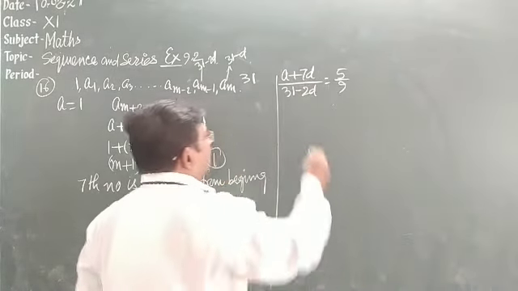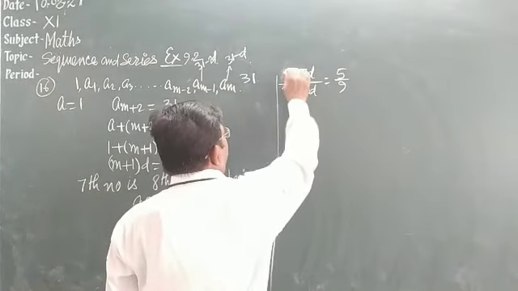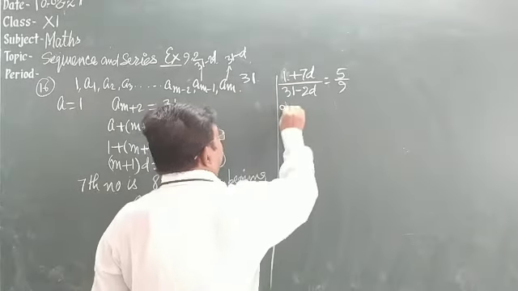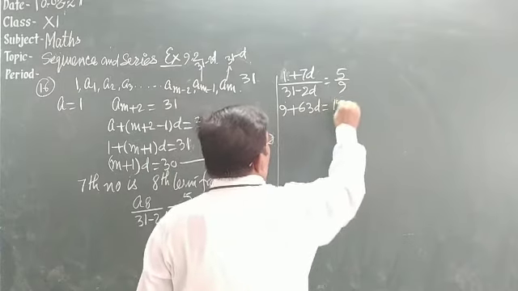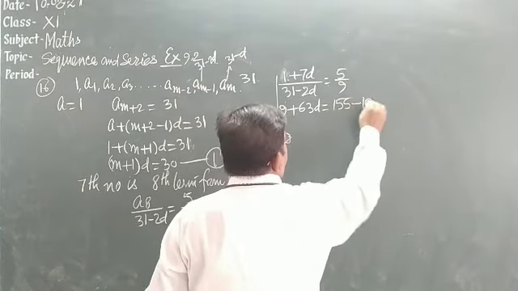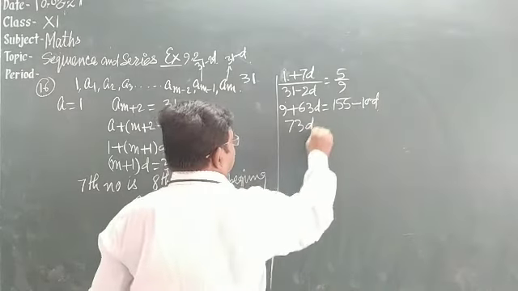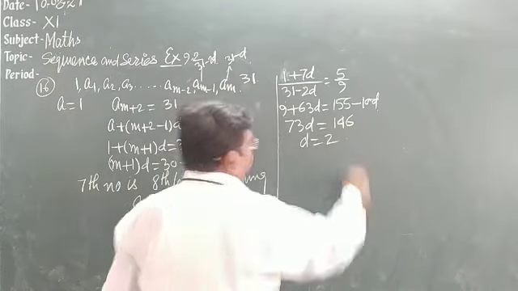Cross multiply, we have a equal to 1, I am writing 1. Cross multiply: 9 plus 63d is equal to 155 minus 10d. Bring this d to this side. We have 73d equal to 146. D is equal to 2.